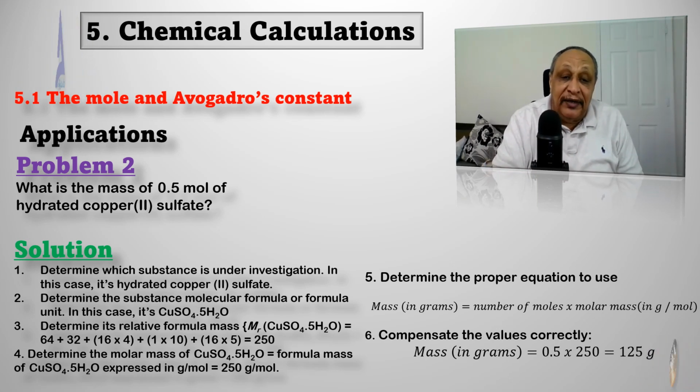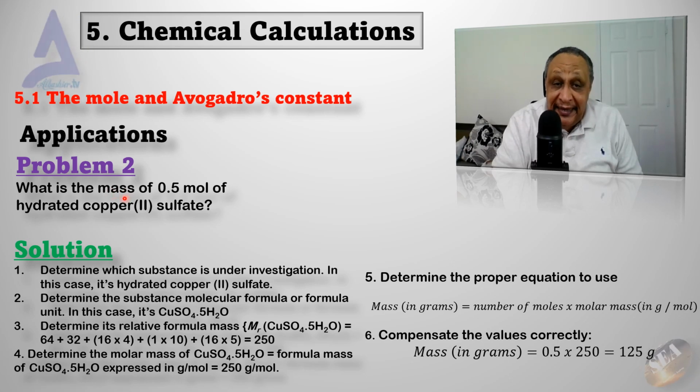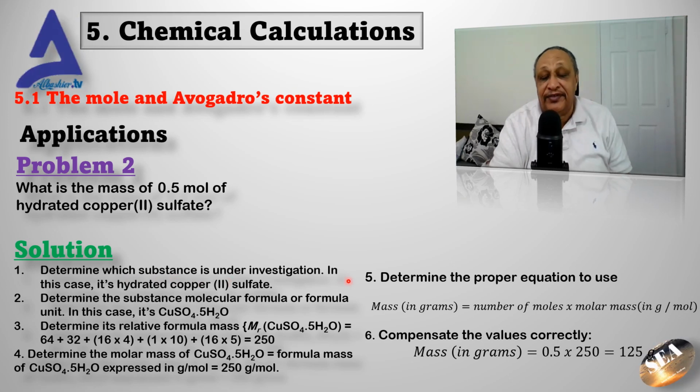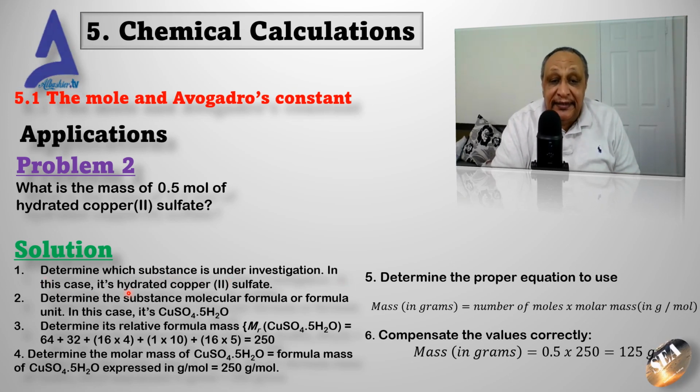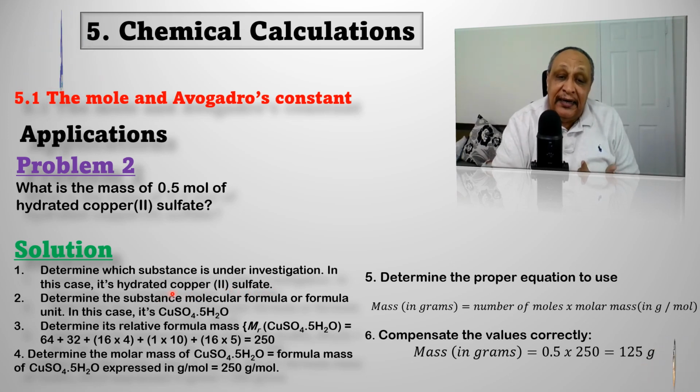So the first one is like this. Be careful. What is demanded here is the mass. So determine which substance is under investigation. In this case, it is hydrated copper(II) sulfate.